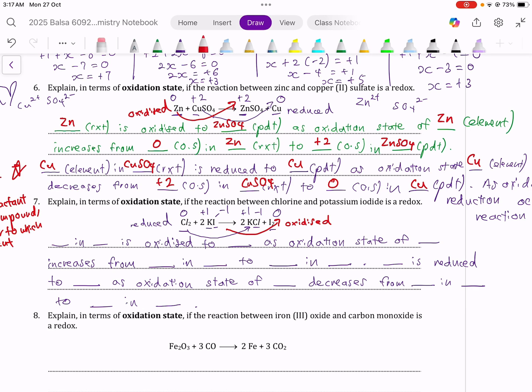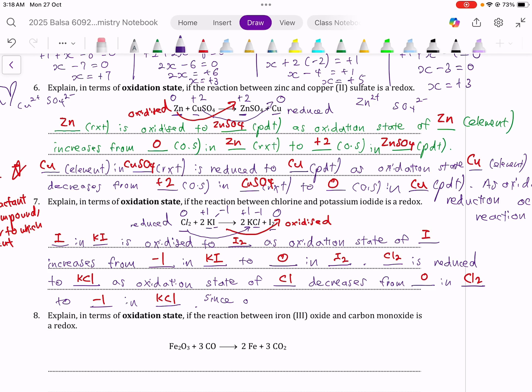Now I'll fill in: your I in KI is oxidized to I2 as oxidation state of I increases from -1 in KI to 0 in I2. Then your Cl2 is reduced to KCl as oxidation state of Cl decreases from 0 in Cl2 to -1 in KCl.